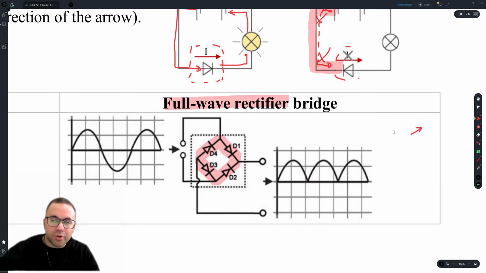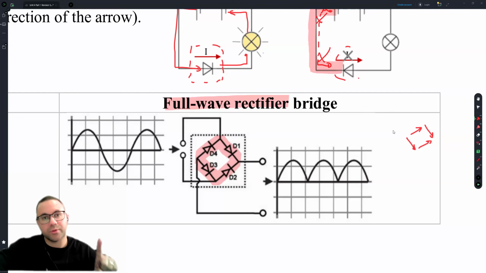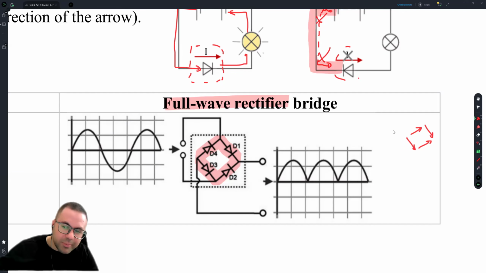2 of them look up and they're parallel to each other, and 2 of them look down and are also parallel to each other. You do not have to memorize this, by the way, but you do have to know if a diode bridge is drawn correctly or not.